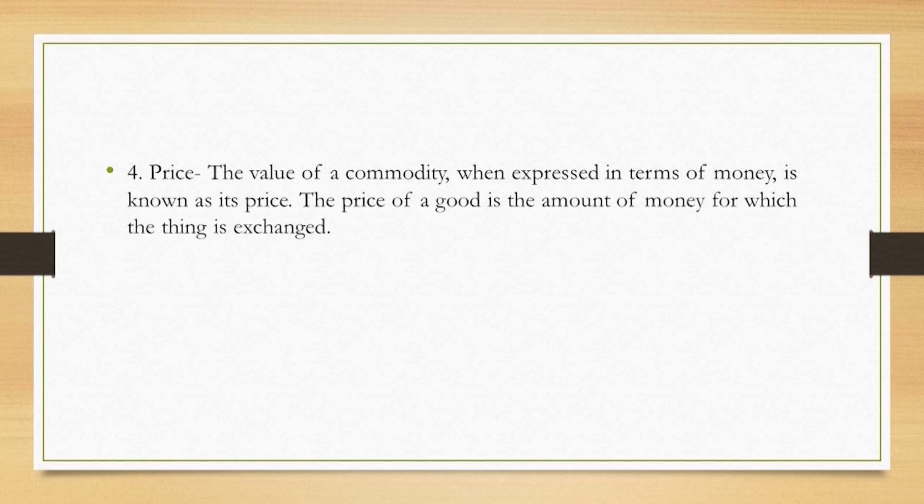And the fourth is the price. The value of a commodity, when expressed in terms of money, is known as its price. So, value comes in two ways. One is without price, and another is with price. The price of a good is the amount of money for which the thing is exchanged.